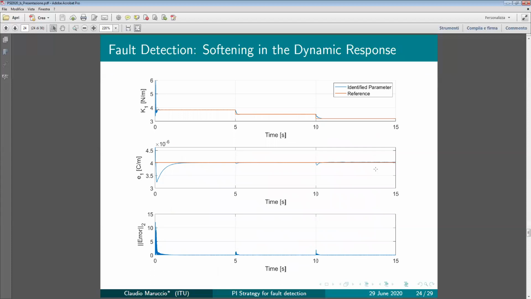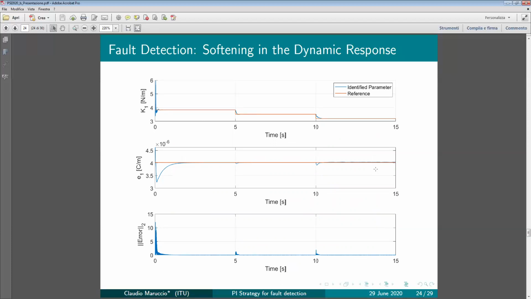So going to the main scope of this paper, this procedure can be used for fault detection, because when we have faults in the structure, a softening in the dynamic response can be captured by these procedures. You can see we made ideal experimental systems, where the stiffness parameter is changing after 5 and 10 seconds.